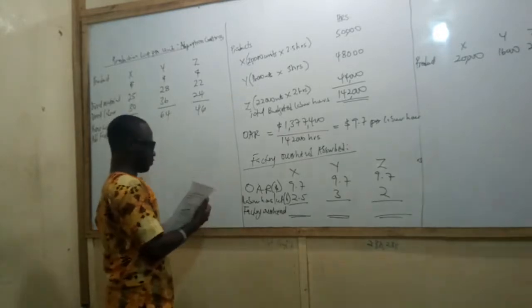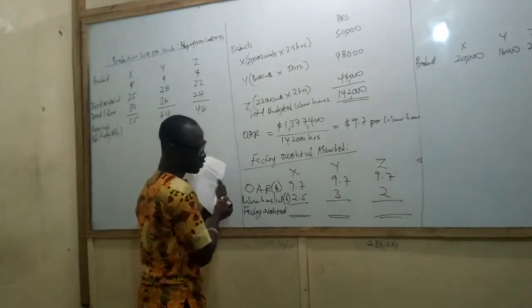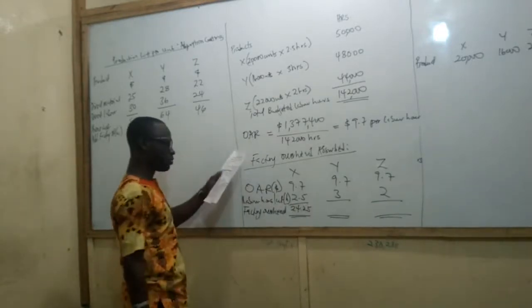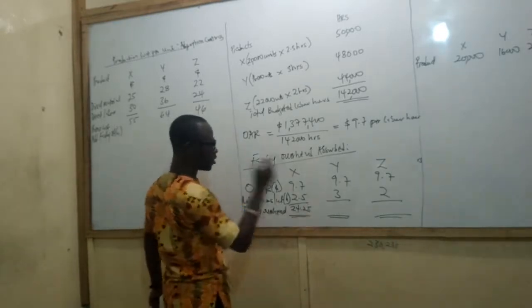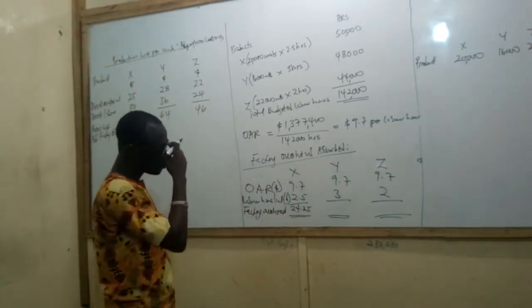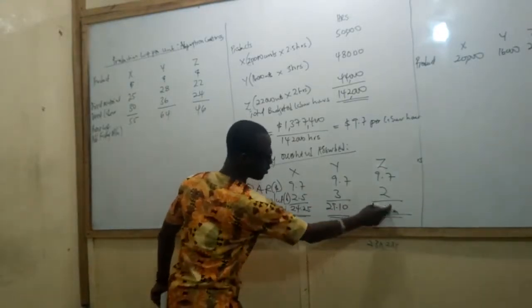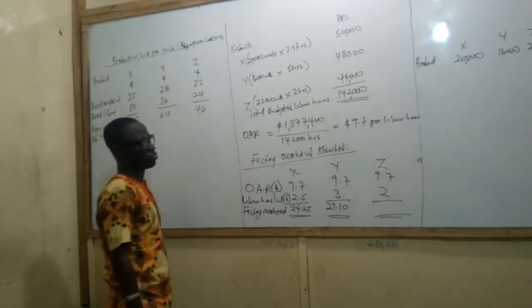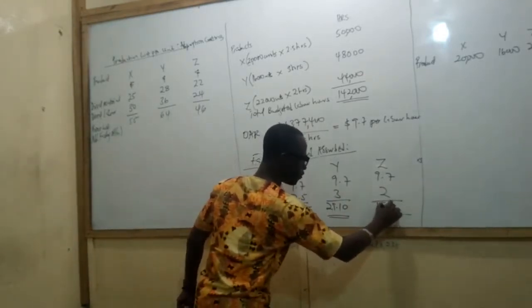What can we have? 24.25. Yeah? How many decimal places did you say we should leave our answers? Okay. Next one. 29.10. Last one. 19.40.